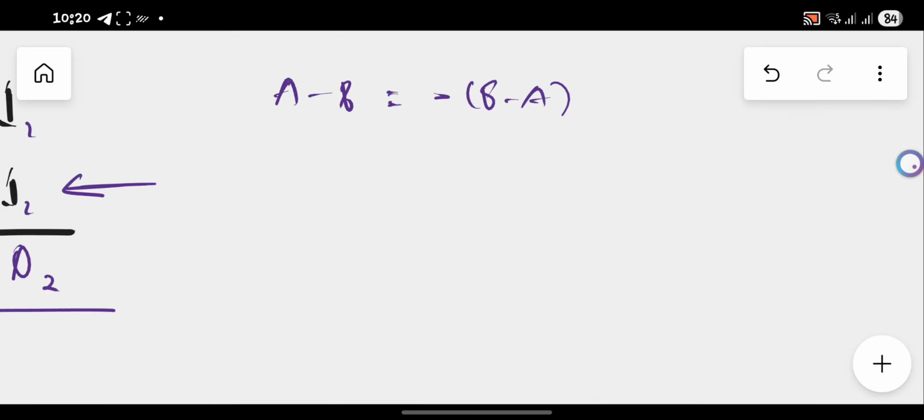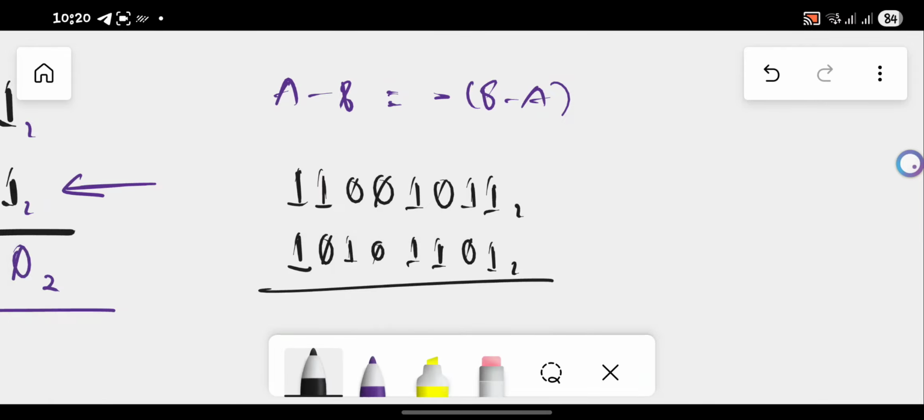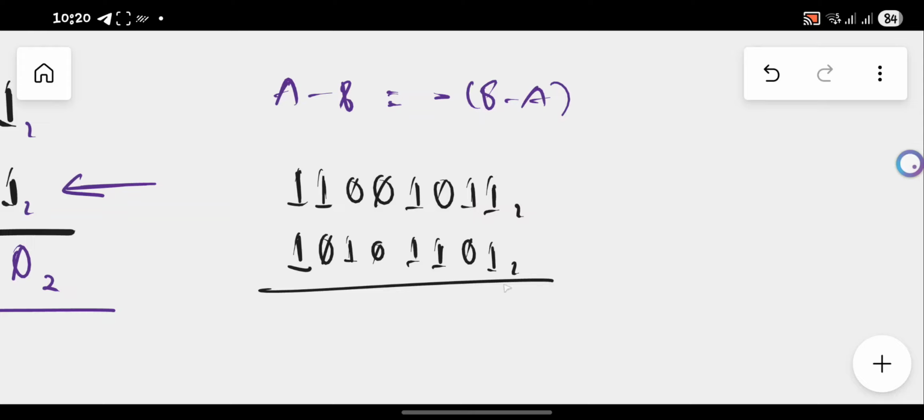So what do we have? We have 1 1 0 0 1 0 1 1, then we have 1 0 1 0 1 1 0 1, base 2. Now similarly we have 1 minus 1 here, 0.